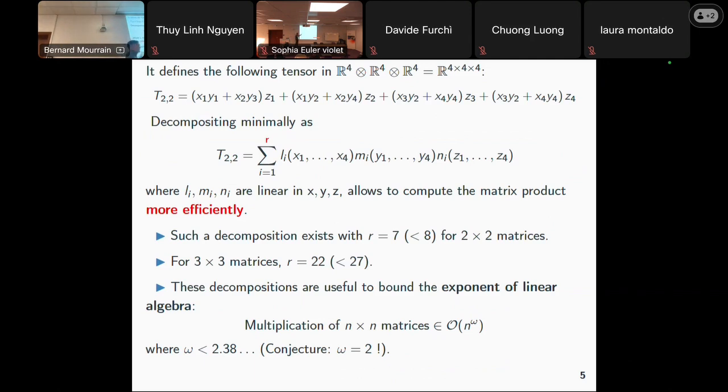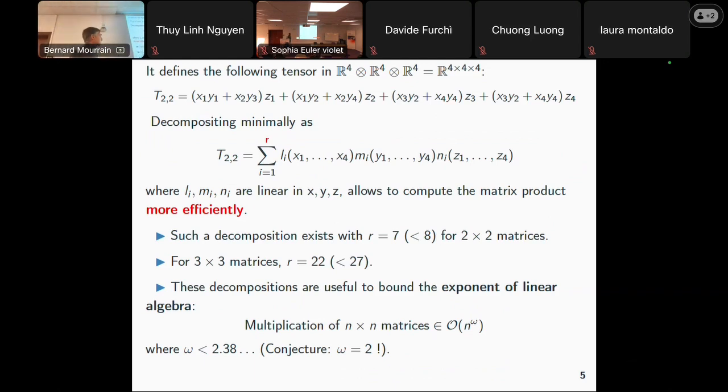And we can do it not only for 2 by 2, but for 3 by 3. And maybe gain a lot when we include the terms here. For instance, the 3 by 3 matrices, tensor multiplication. Its rank is 22, which is a bit less than 27.